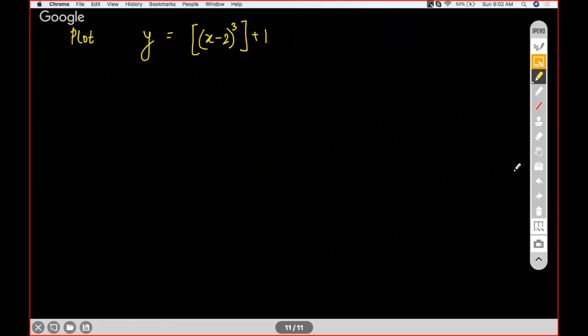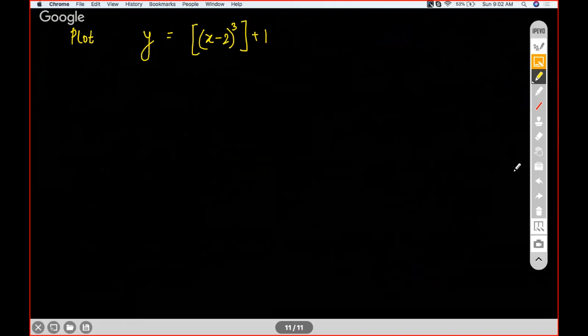So first, y equals the floor of (x minus 2) whole cube plus 1. First we draw x cube, then shift x cube 2 units to the right and 1 unit up.